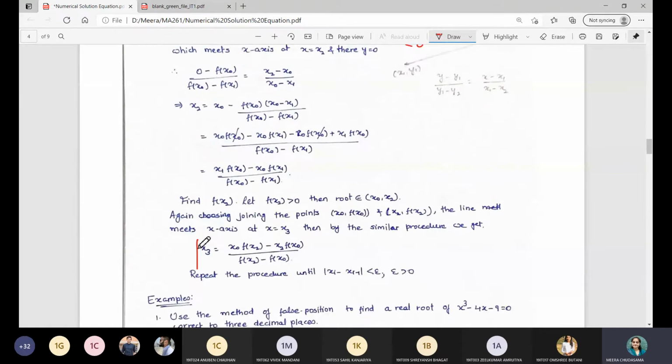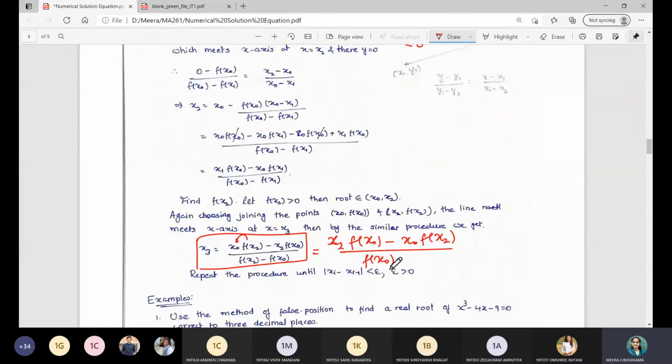If x0 and x2 are the iterated values, then take a cross multiplication of function values and points. Here I can also write this expression, if I take the negative sign common for both numerator and denominator, as x2 f of x0 minus x0 f of x2 upon f of x0 minus f of x2.